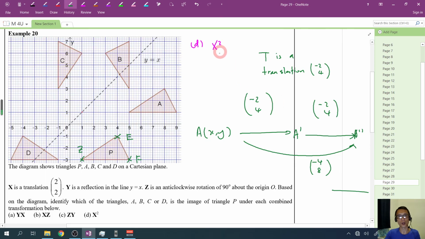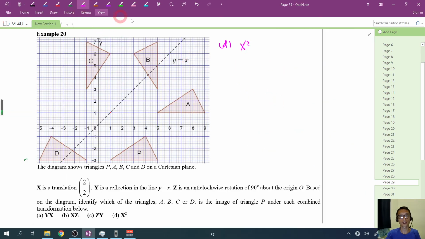Okay, now let's try this one. X squared means X twice. Since X is actually a translation, it means we have to do this one 2 times. 1 2, 1 2. Okay. 1 2, 1 2. Okay. 1 2, 1 2.